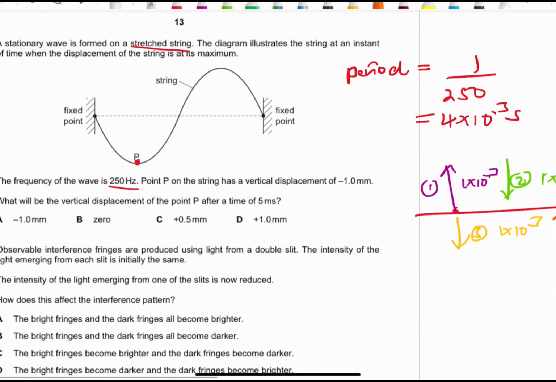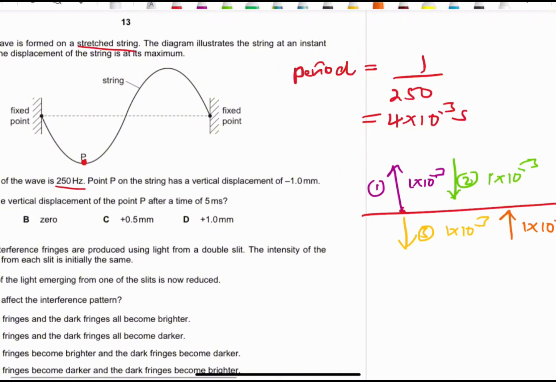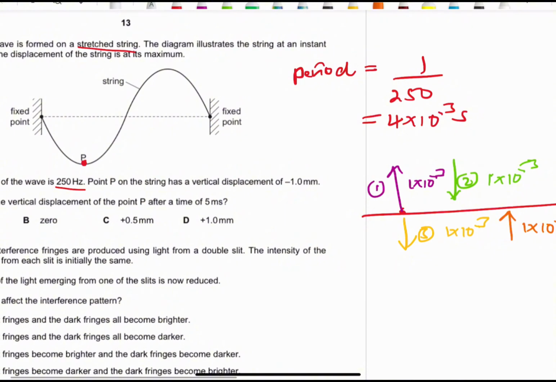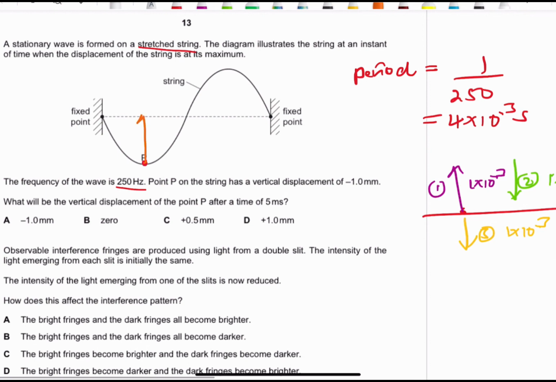So let's consider P. The first motion of P will be this, right? So 5 milliseconds means that if I were to do this, there'll be 5 motions, right? So this is my first motion, motion number 1. We go up. Motion number 2, we go up again.